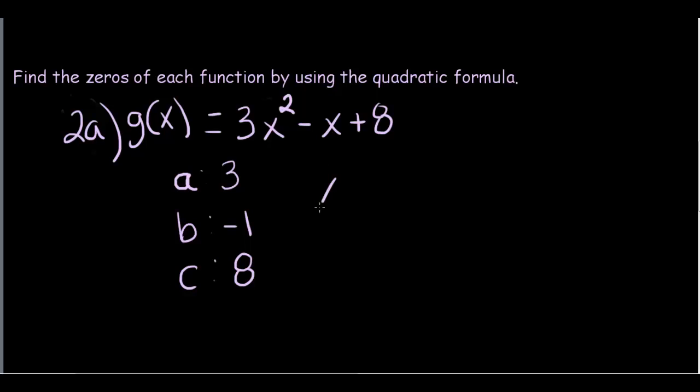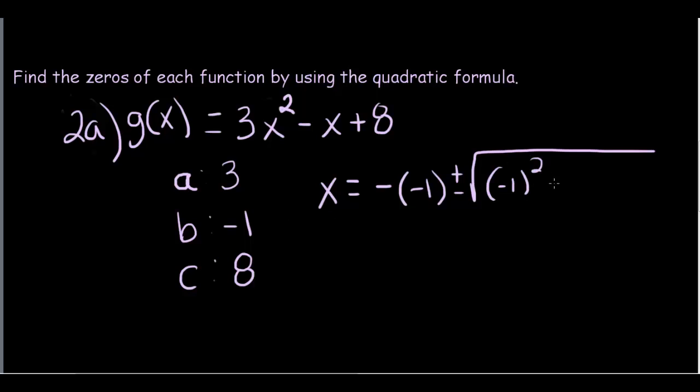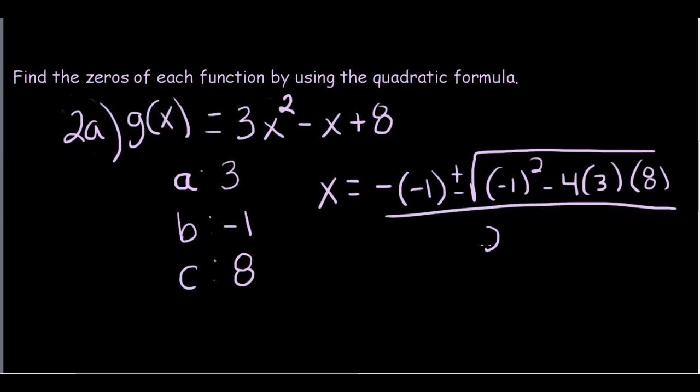And we're going to use the quadratic formula. So x equals negative b, which is -1, plus or minus the square root of b squared, so -1 squared, minus 4 times a, which is 3, times c, which is 8, over 2a, which is 6.